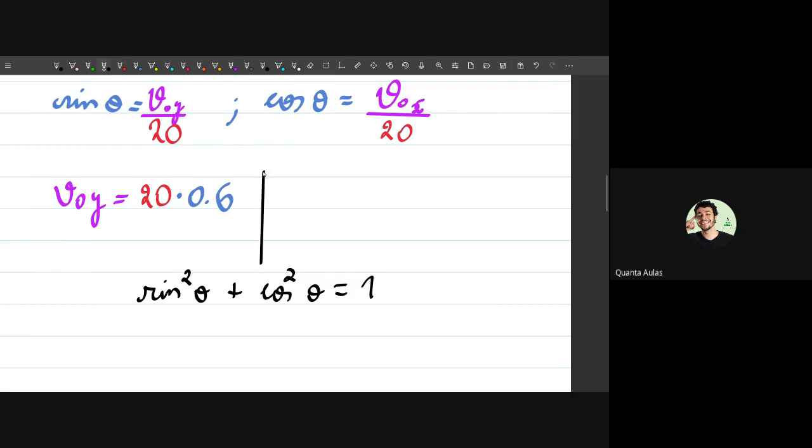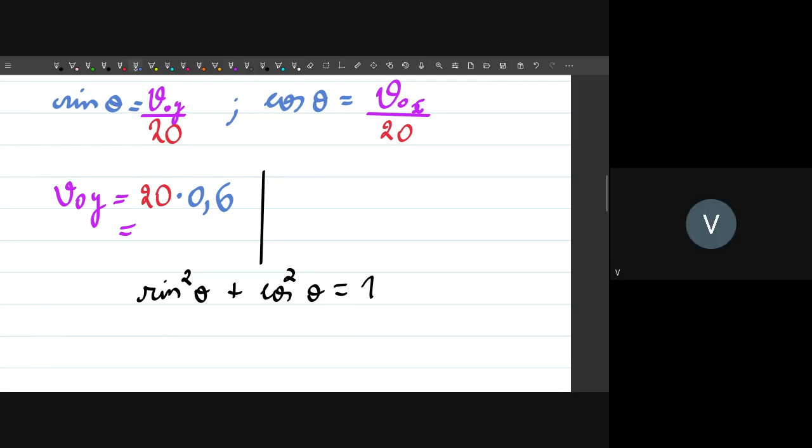But first, can you do this calculation for me? 20 times 0.6? I think it will be 12, but can you do this for me? This number is 0.6, okay. 20 times 0.6.